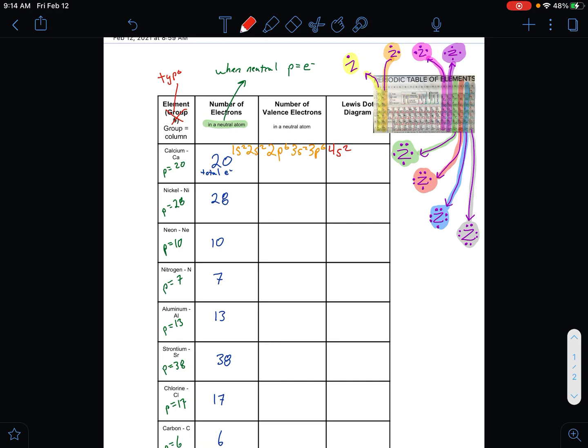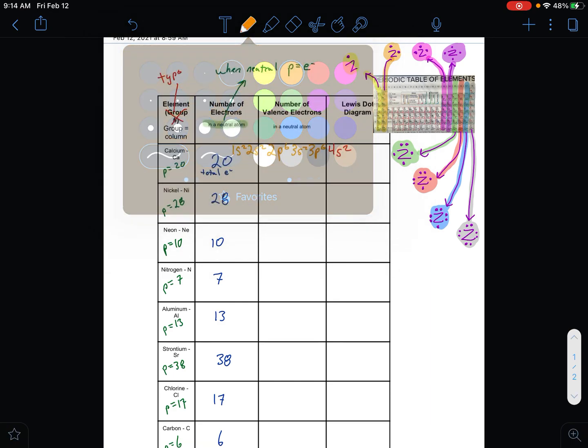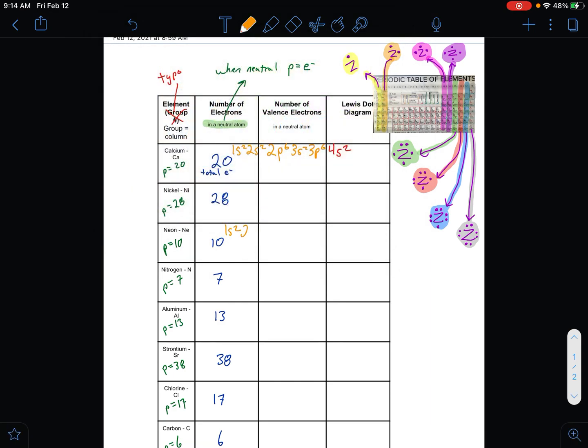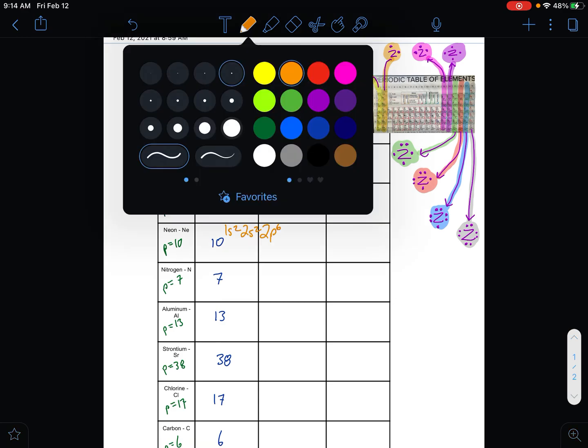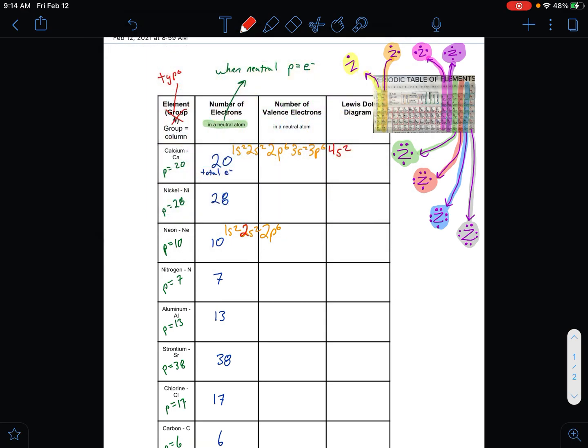say, for neon. Neon has 1s2, 2s2, 2p6. So if I do the red again, it's really 2s2, 2p6. They are in the same energy level, and there are 2 here and 6 here.